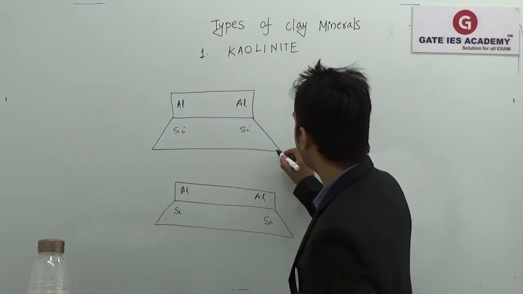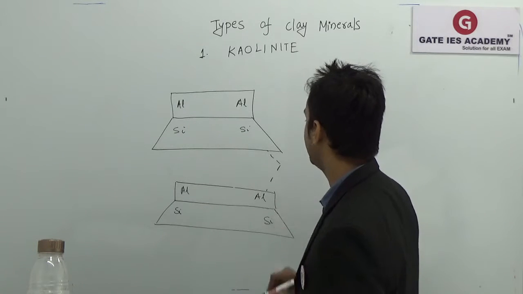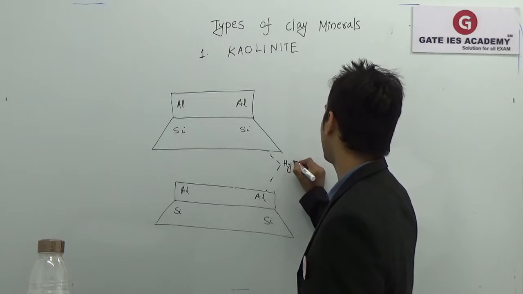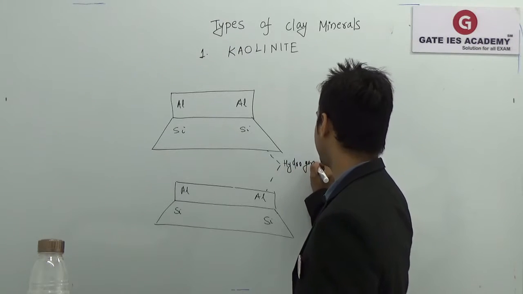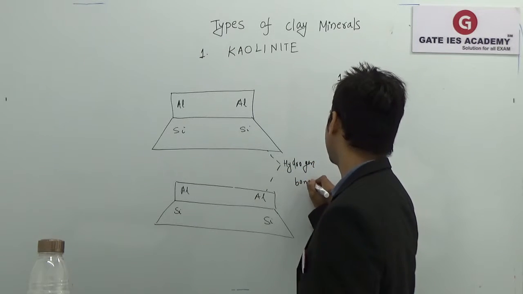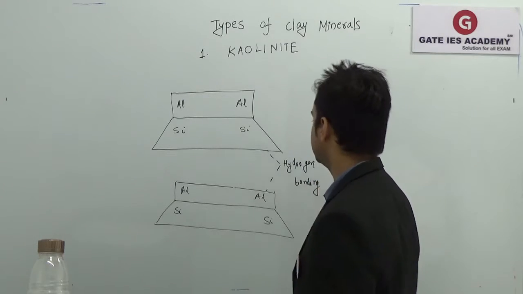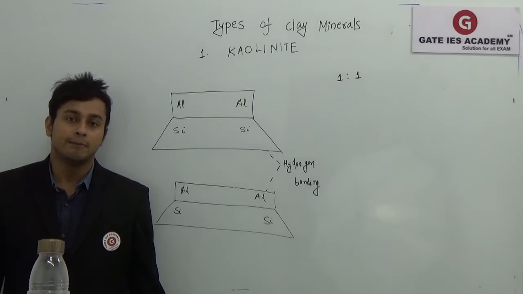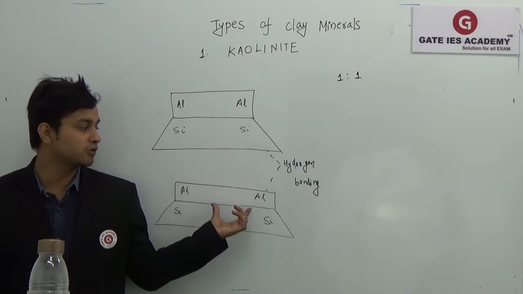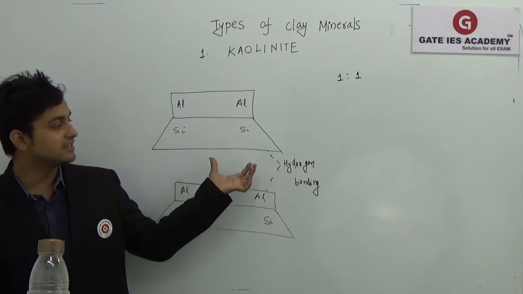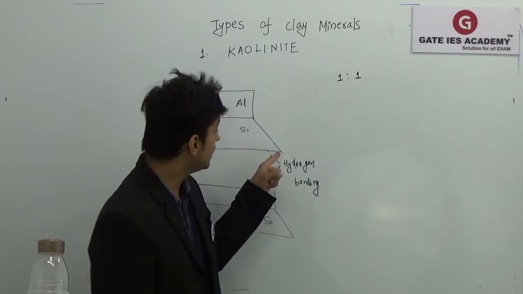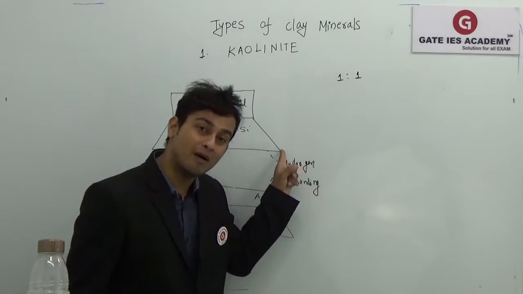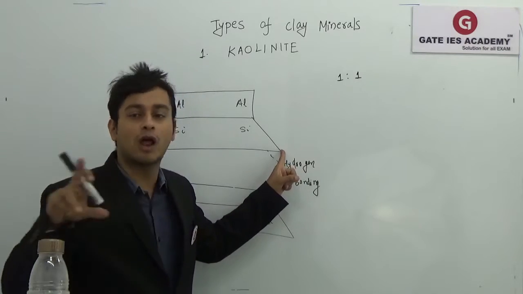So here we have basically the hydrogen bonding, which is a very strong bond. Why? Because these two minerals are composed of alumina and silica, and these are combined with the negative charges present over here, O minus. This in detail we don't have to understand.